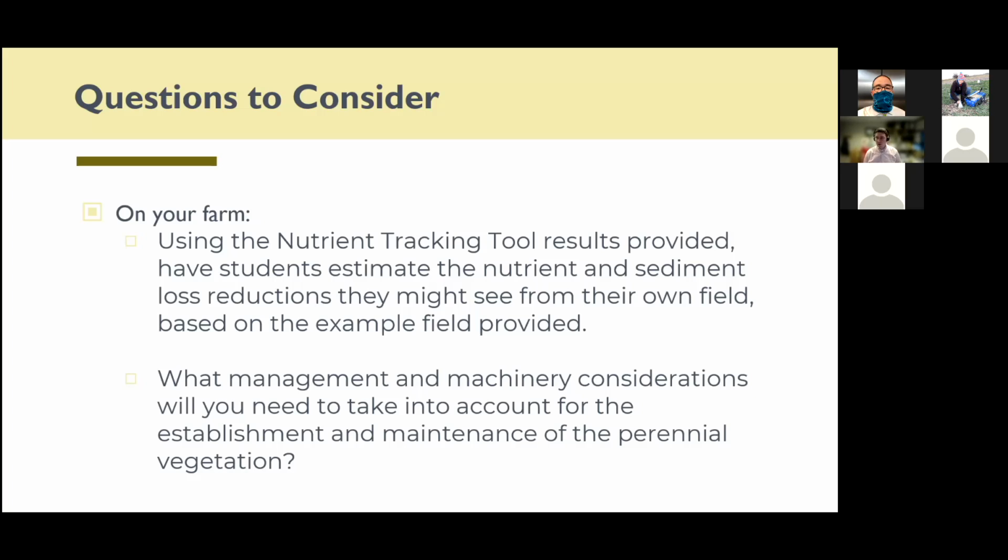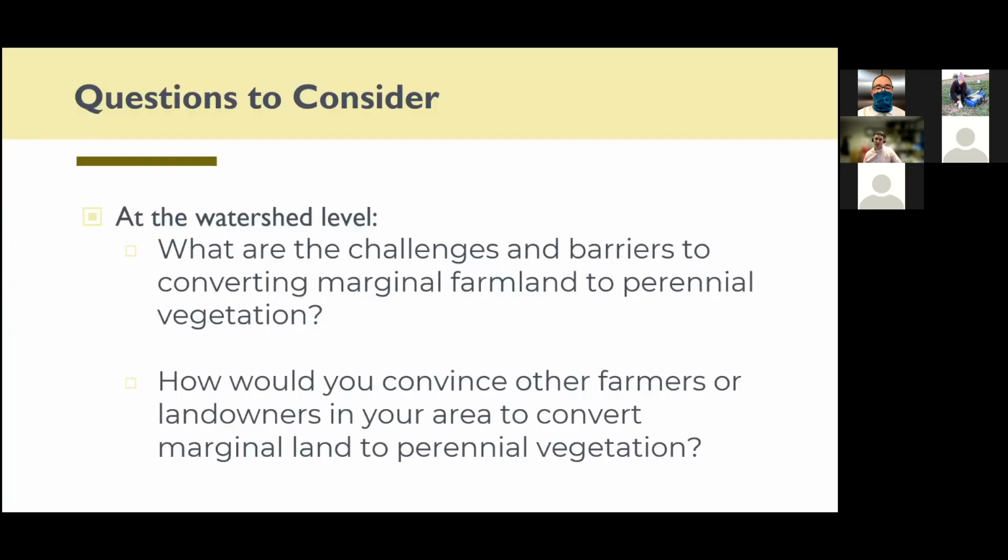Most of them are very small seeded, much smaller than even the small grains or the corn and soybeans that we're used to planting in these row cropped areas. Some farmers may not have that experience, or that experience goes back 15, 20, 25 years or something like that. So this question really dives into the considerations we need to take into account for that. Then there are some questions at the watershed level.